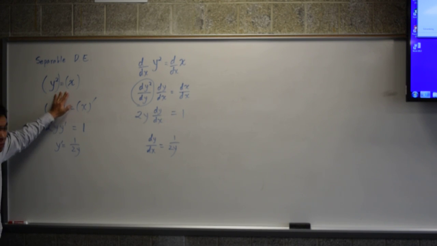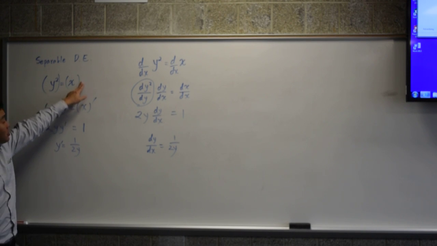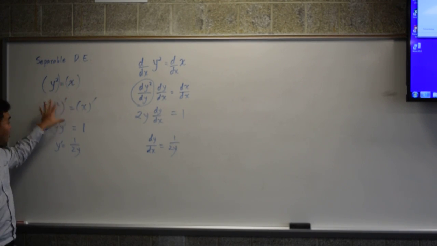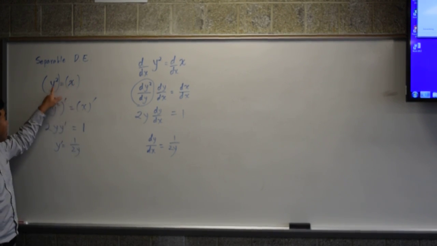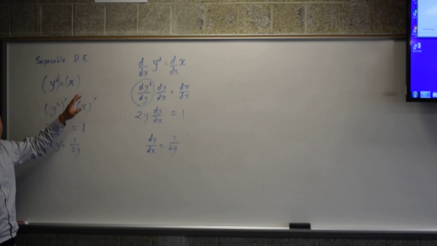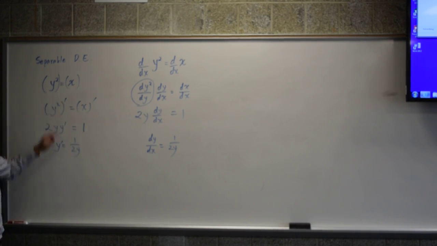Now, this is not all the solutions because there could be some constant plus c here, which if you differentiate will go away. So if you solve this, you're going to get y squared equals x plus c. So this is just one of the solutions.